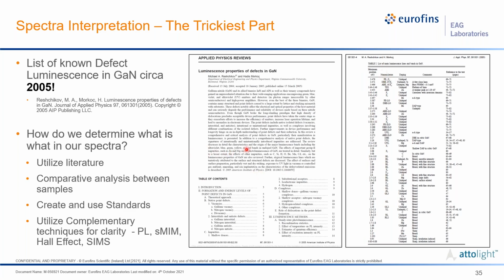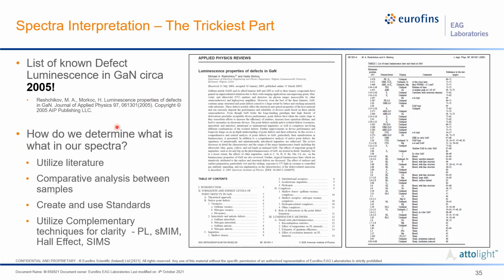So there's a lot of unknowns still, and a lot of work being done currently. But that's the beauty of it. I think people are really starting to realize the power of the technique, so you're getting a lot more publishing of CL related data in the literature.